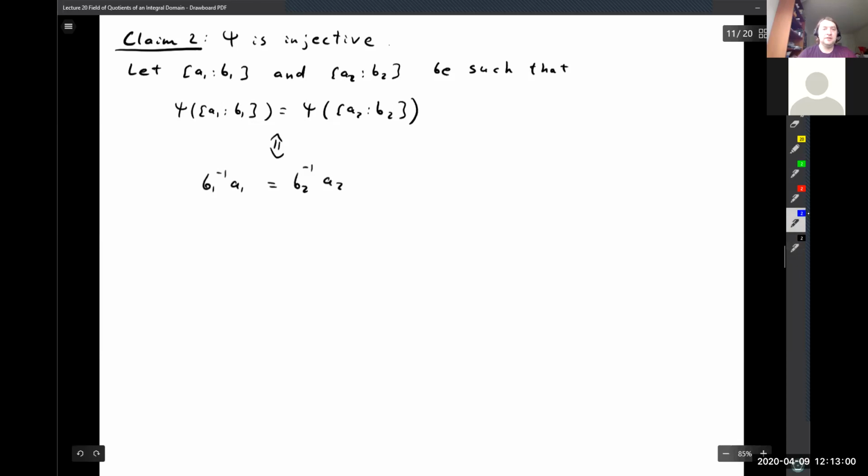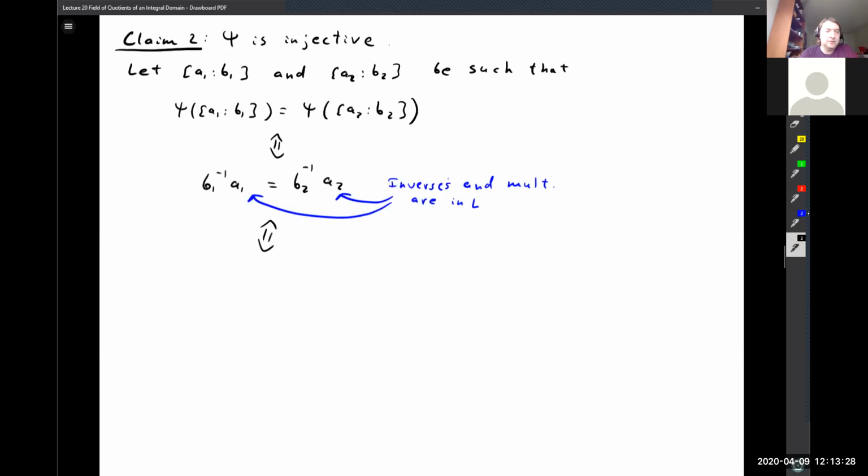And again, let me stress that inverses and multiplication are in L in both of these. So now we can continue this calculation in L. We can multiply the above equation by B1 B2 on both sides. Actually, we need only a one-way implication.